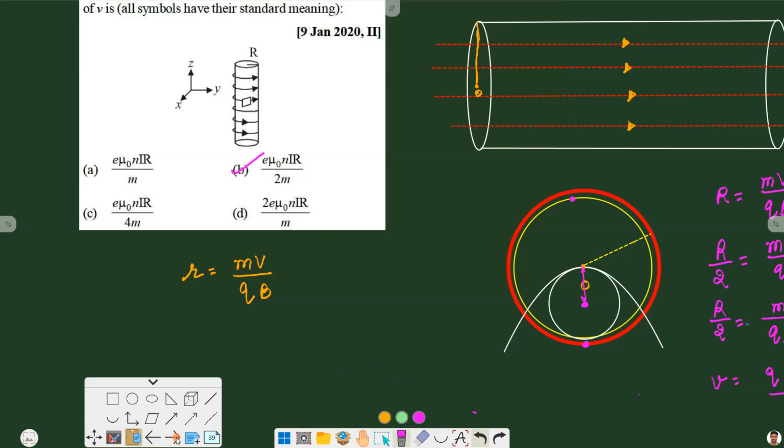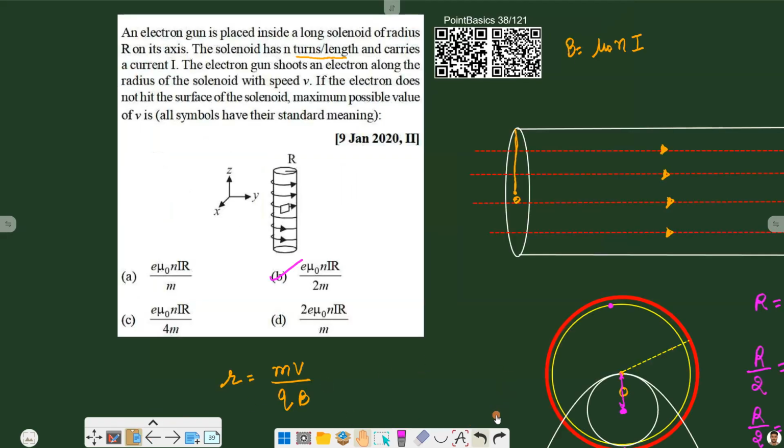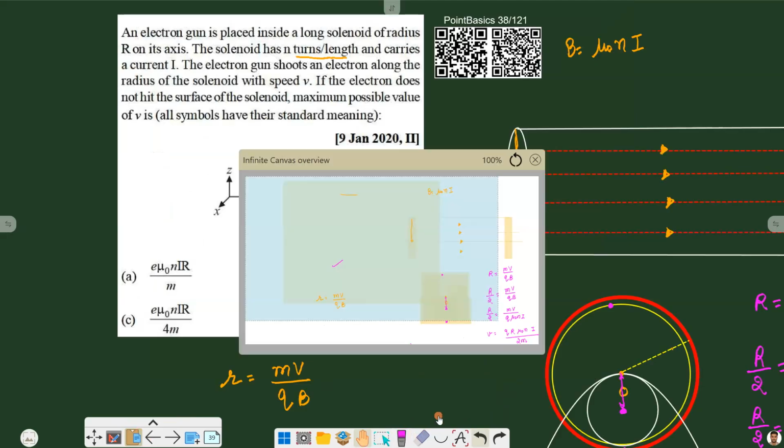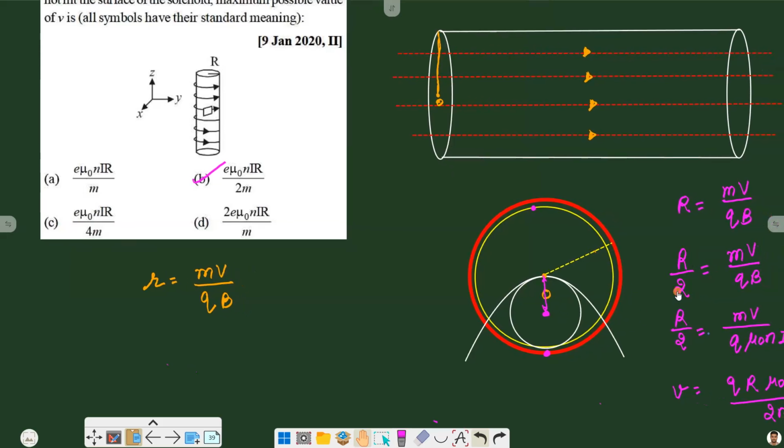Moving to the next one. So here we have a long wire. Okay, wait, let me clear one thing in the previous question. Here we got radius r/2 only because the point of projection for the electron was at the center of the solenoid.